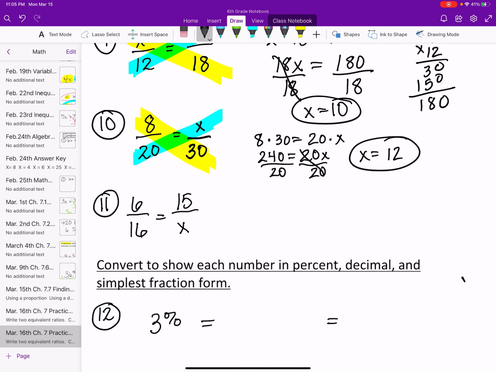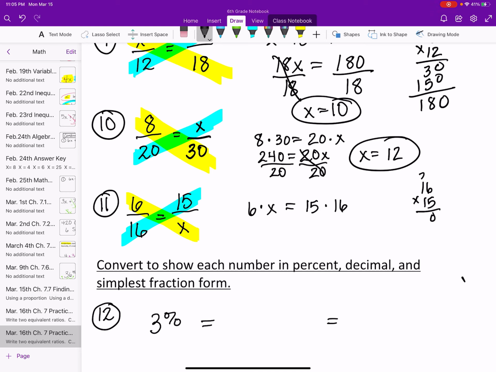Last example here. Cross multiplying again. 6 times x is equal to 15 times 16. Okay, again, you might have to work it out on the side. That's totally fine.